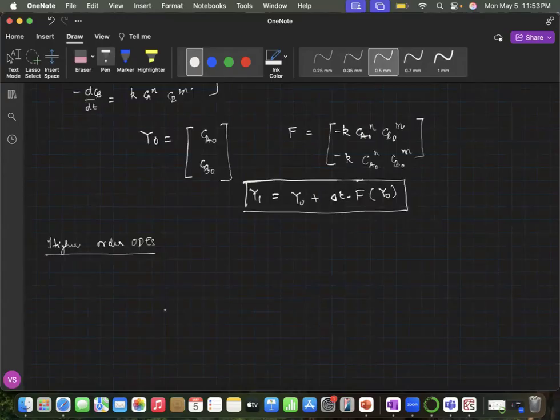So let's say we are trying to solve an equation of this kind: a d squared y by dx squared plus b dy by dx plus c y equals some function of x comma y, right? Something of this kind is what we are trying to solve. Okay.